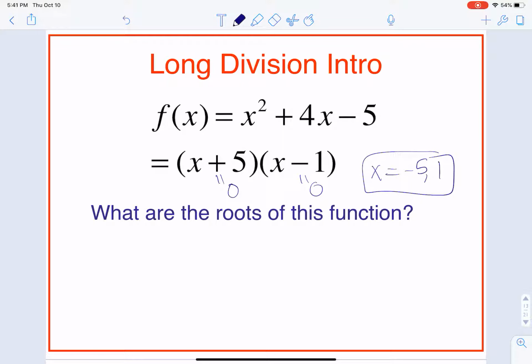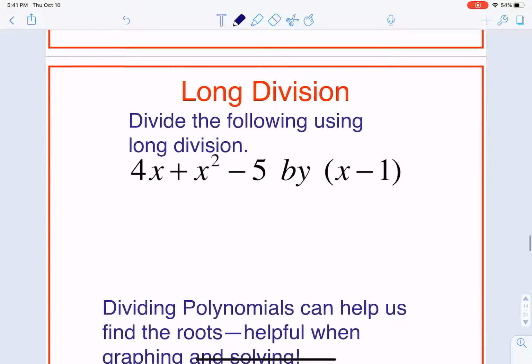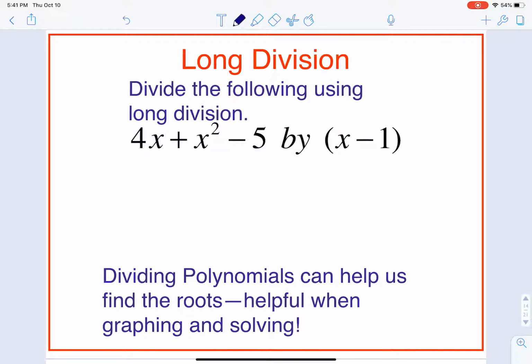Okay, so moving forward, I can use long division to divide a polynomial by a factor here. So what I want to do is divide this polynomial by x minus 1, and I want to do it using long division.